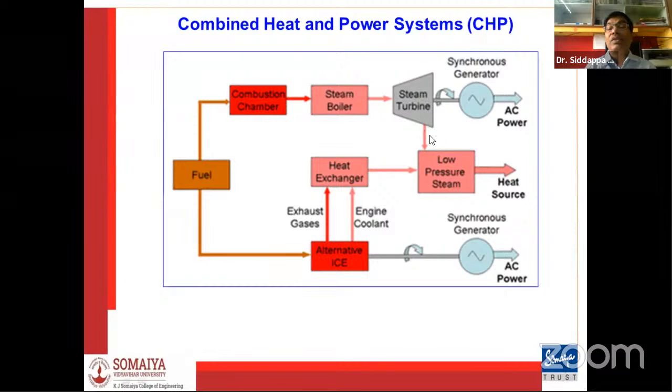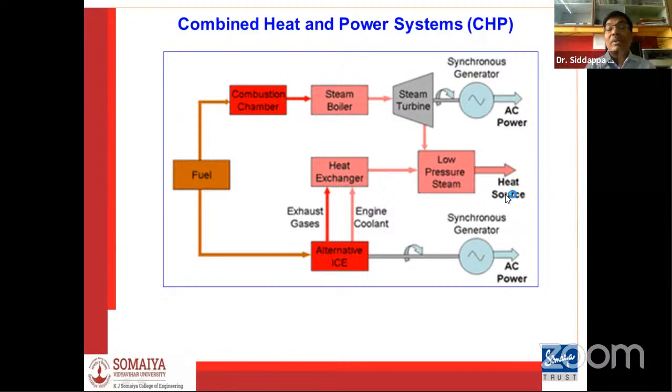Then the exhaust from the turbine and the exhaust from the engine are combined, and that low capacity heat they send to the application as a heat source for different purposes. Now here in this case we are generating electrical energy as well as thermal energy for different applications.